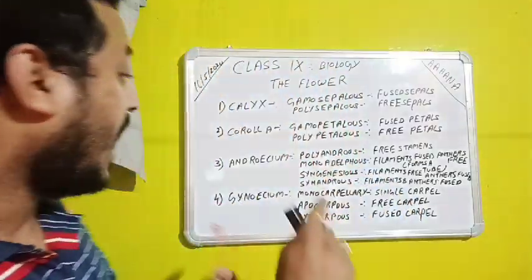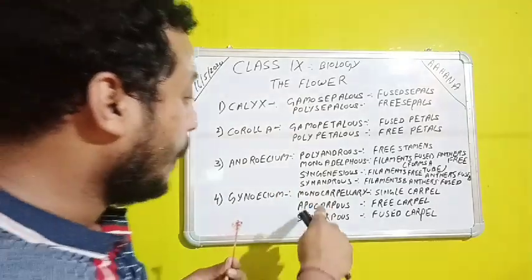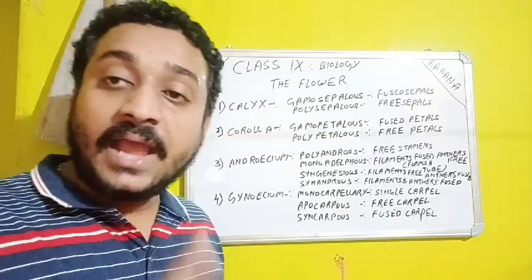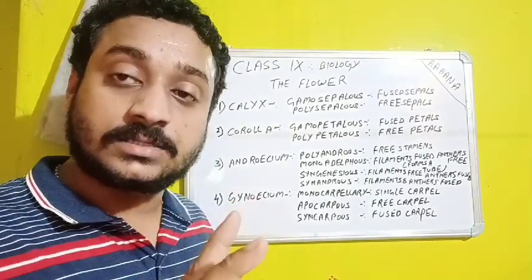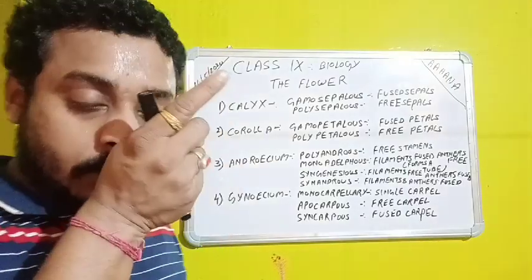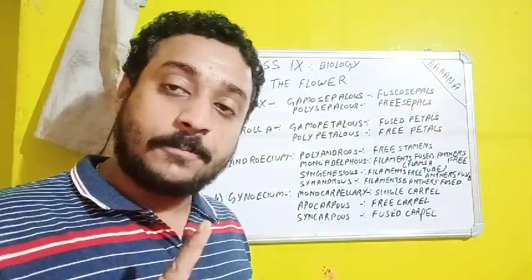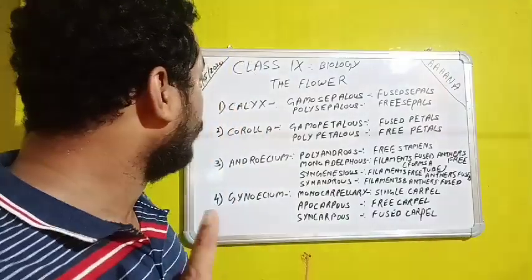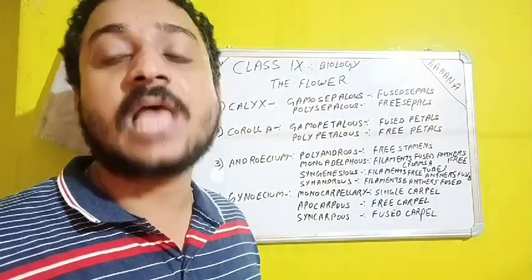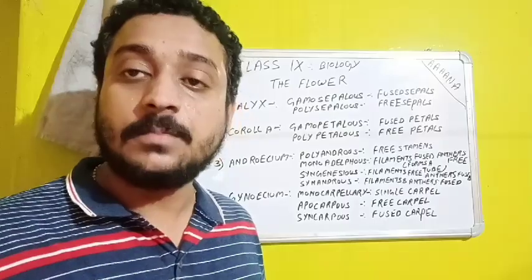So in the gynoecium also the same thing. Monocarpellary means single carpel. Bicarpellary means two carpels. What is carpel or pistil? Carpel means the formation of the gynoecium. The gynoecium has three parts: stigma, style and ovary.